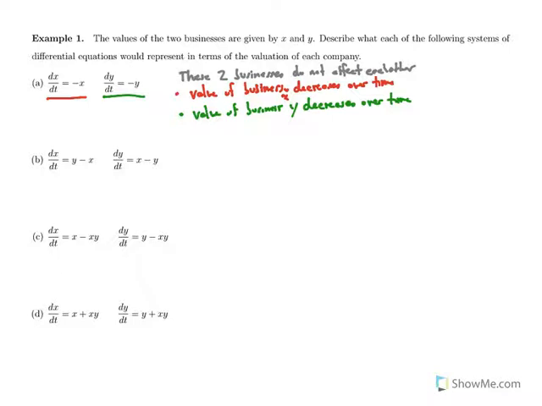So these are the same sort of idea here, but for the first one, we can see that because of the negative x and because of the negative y here in the second, both companies decrease over time without influence from the other.